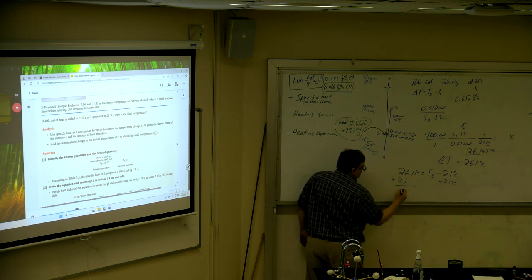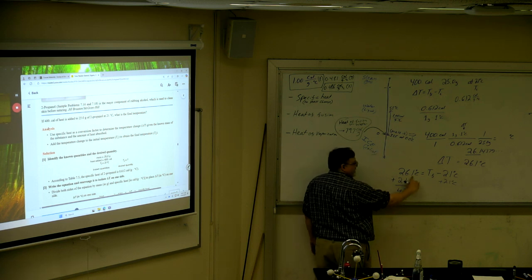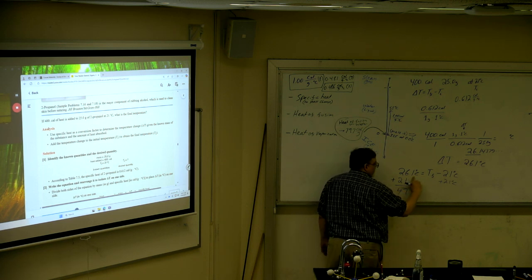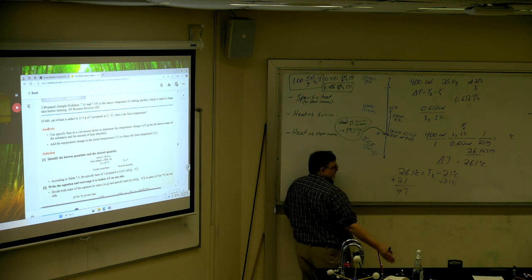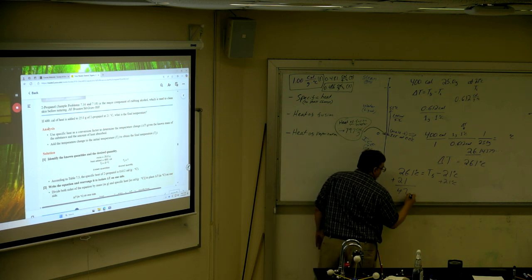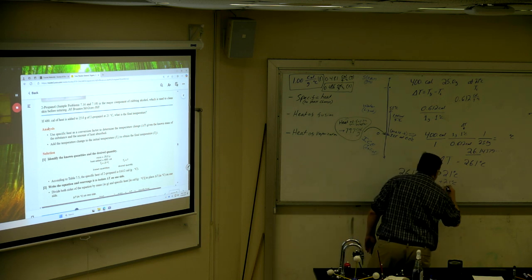So 26 plus 21. This is the addition subtraction rule. This has 1 after the decimal, this has nothing after the decimal. So our answer, we have to leave with nothing after the decimal. Adds up to that, but I'm just going to report it as that.